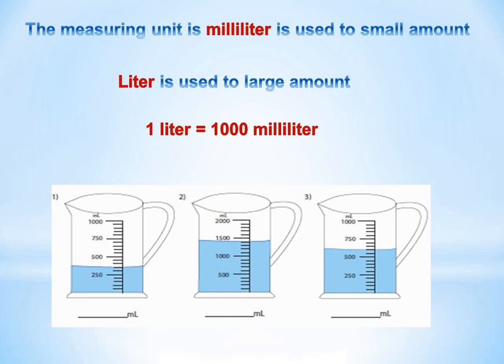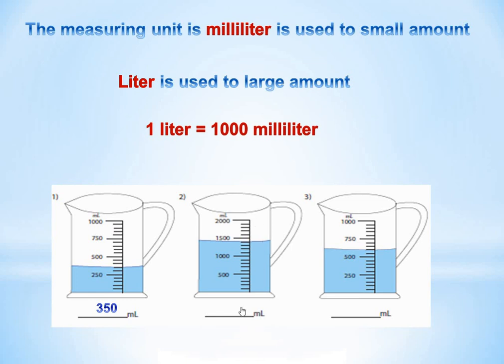Here, we want to measure the volume of this liquid. Let's measure it together. 250, we will skip counting by what? We will skip counting by 50. So it's 250, 300, it's up to what? 350. So the volume of this liquid is 350 milliliters.